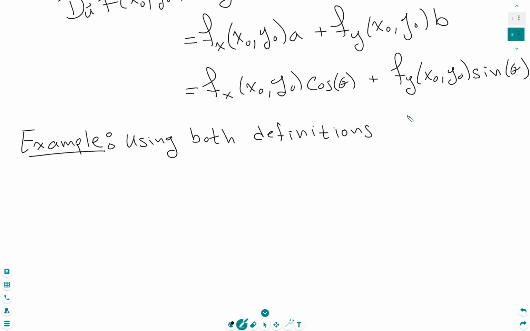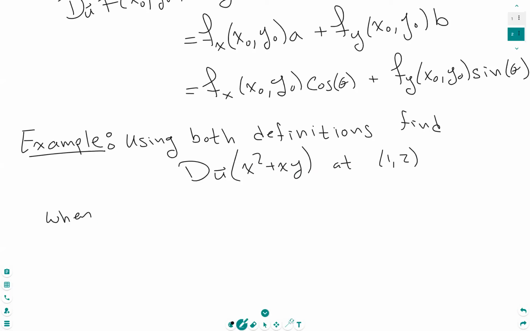So using both definitions, we're going to find the directional derivative of x squared plus xy at the point 1, 2 when u is 1 over root 2, 1 over root 2.